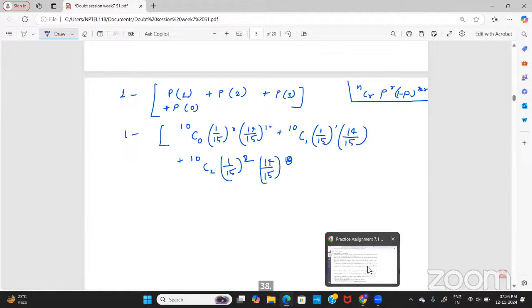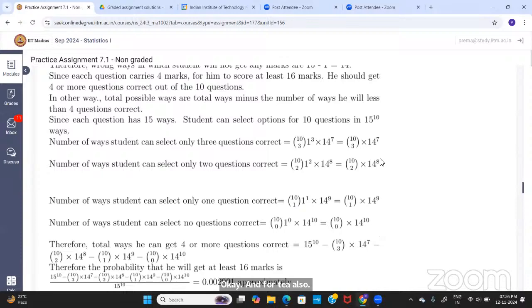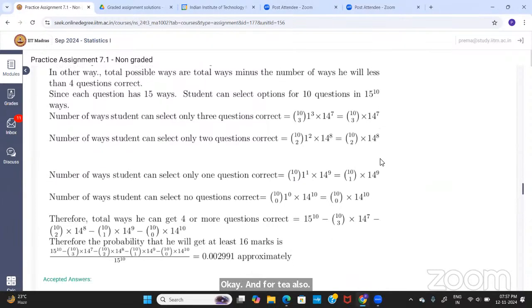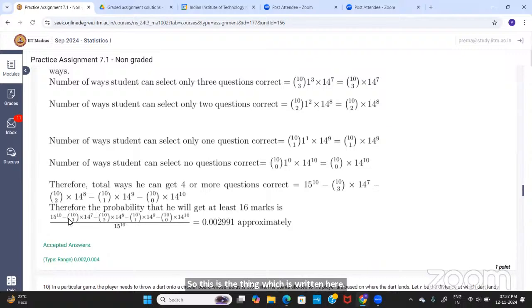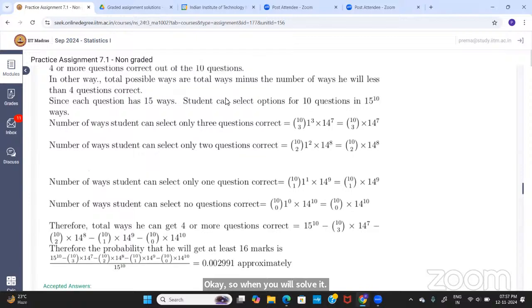So this is the thing which is written here. When you solve it, it will be like this. You can see that when it is 3, here 10C3, then 1 to the power 3 and 14 to the power 7.